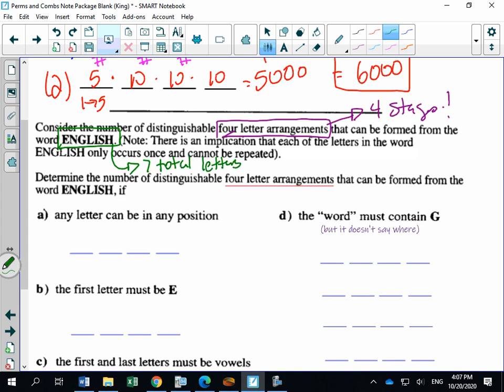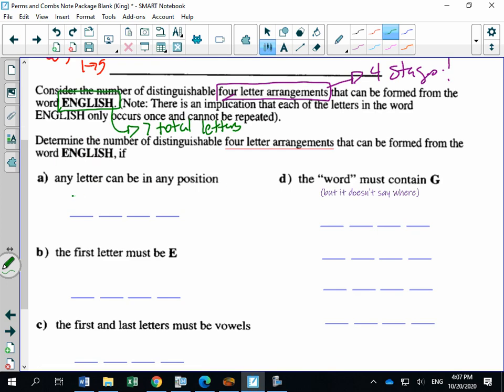So basically what we're going to be doing is creating a task with 4 stages, and I could only use these 7 letters. And then we're going to look at the restrictions that they give us. So it says determine the number of distinguishable 4-letter arrangements, so 4 stages, that can be formed from the word English if any letter can be in any position. So I only have 4 stages, and I've got 7 total letters.